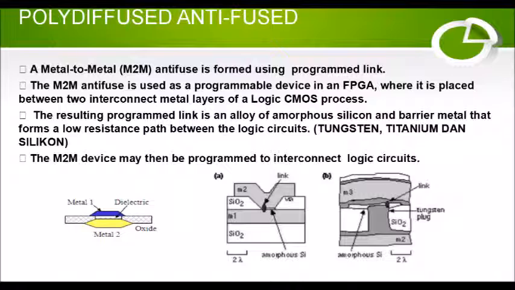The resulting programmed link is an alloy of amorphous silicon and barrier metal that forms a low resistance path between the logic circuit, which is tungsten, titanium, and silicon. The M2M device may then be programmed to interconnect logic circuits. In this polydiffuse antifuse, it consists of metal 1, dielectric oxide, and metal 2.